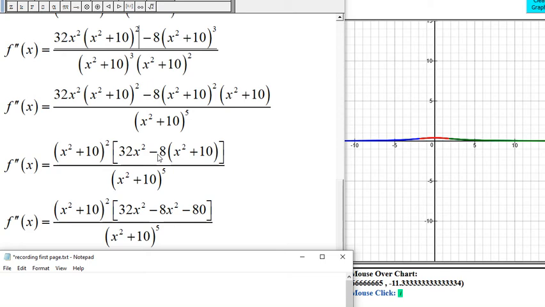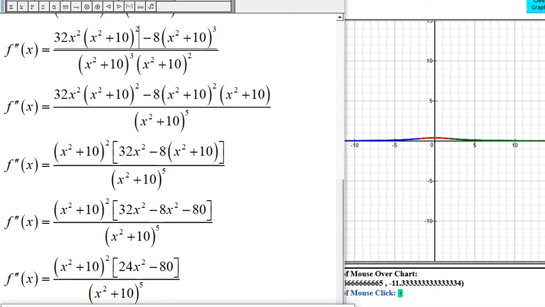And this becomes 32x squared minus 8x squared, and then 8 times 10 is 80. 32x squared minus 8x squared is 24x squared, and then minus 80.